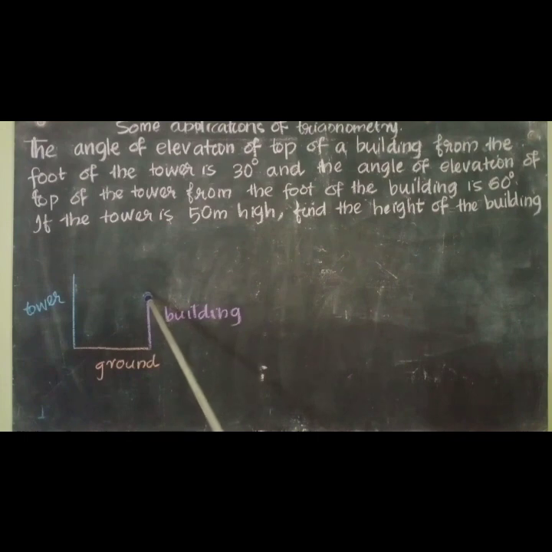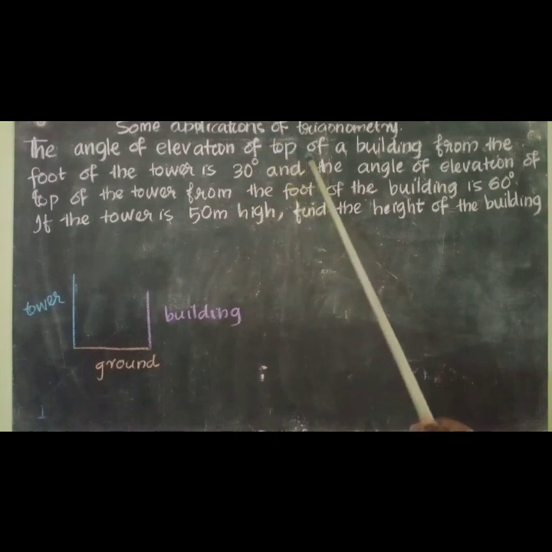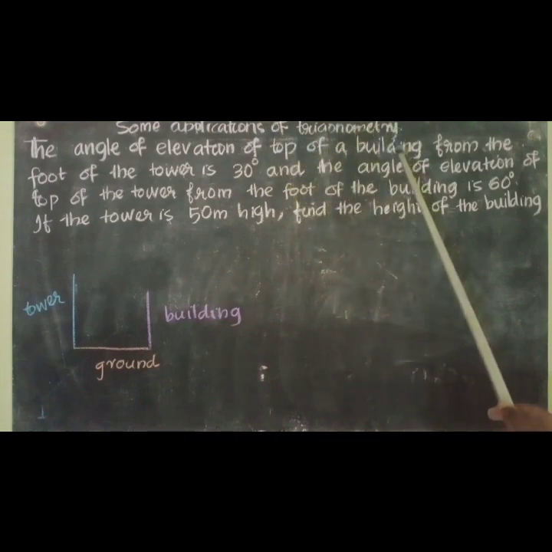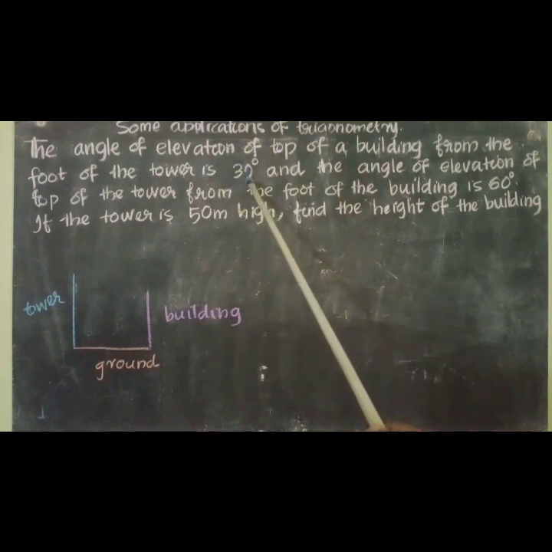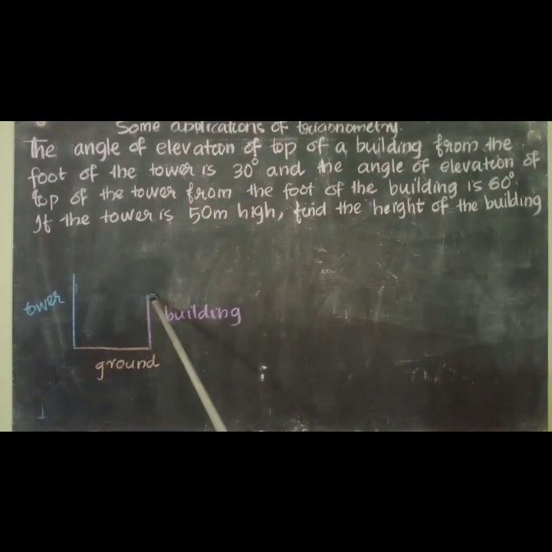So, there is a building and a tower. The angle of elevation of top of the building from the foot of the tower is 30 degree. A person is standing here and looking to the top of the building at the angle of elevation of 30 degree.